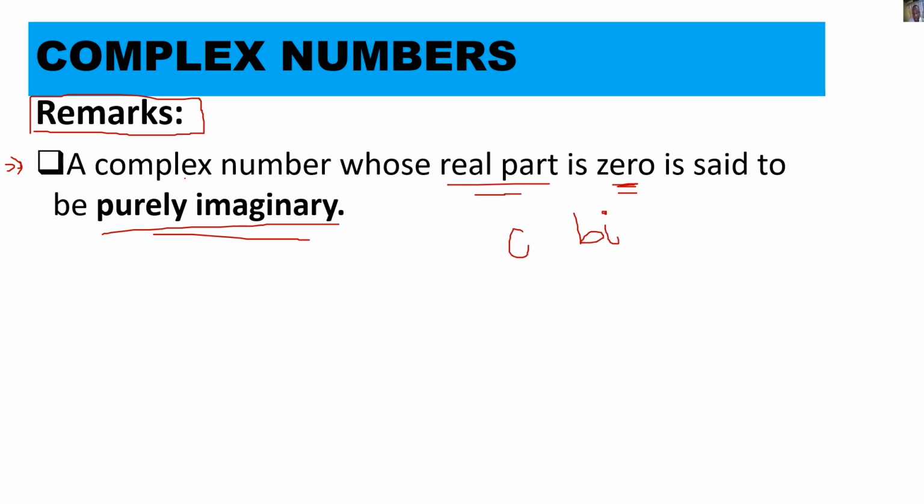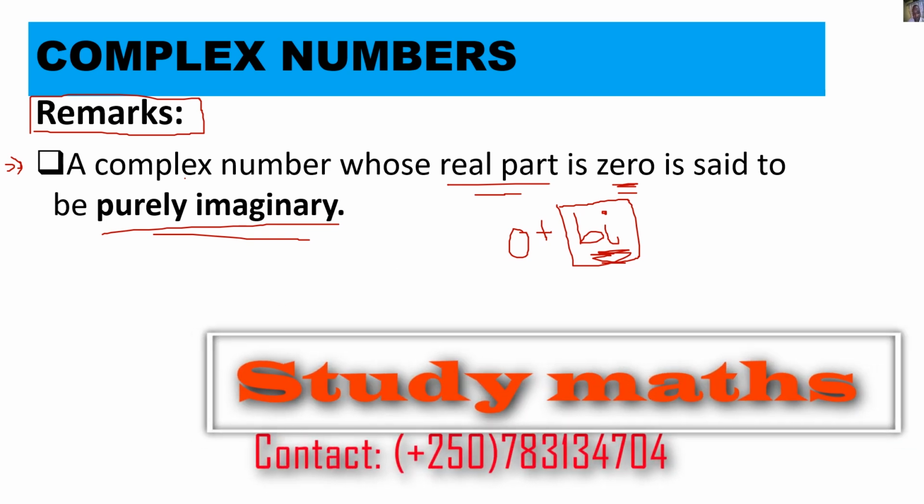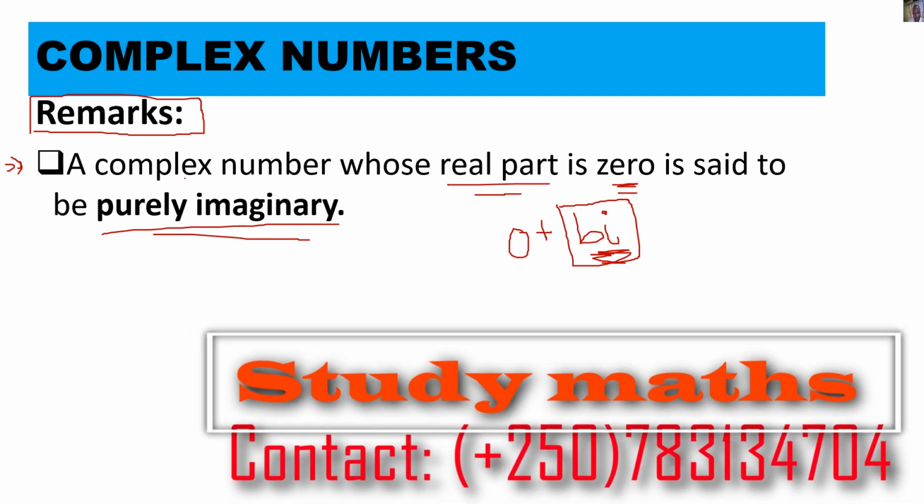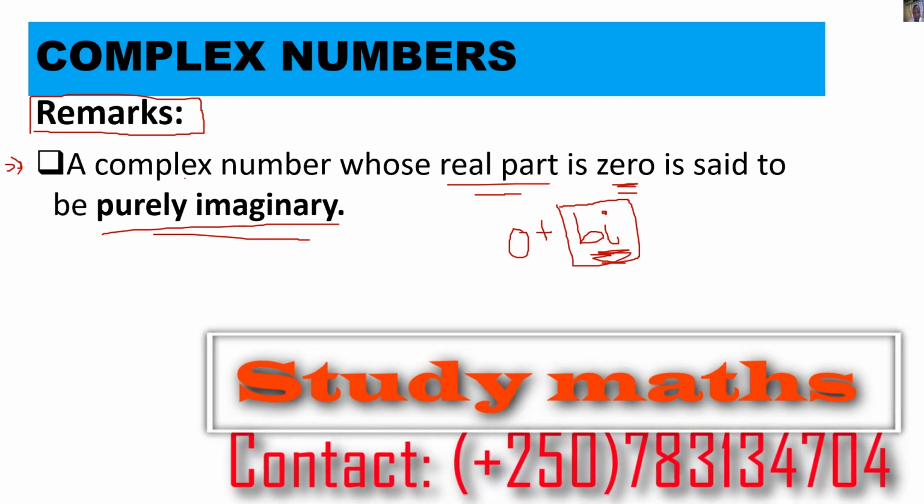Because a is equal to 0, now it is 0 plus bi. If this is 0 plus bi, then we obtain bi only. That's why it is purely imaginary. It contains the imaginary part only.